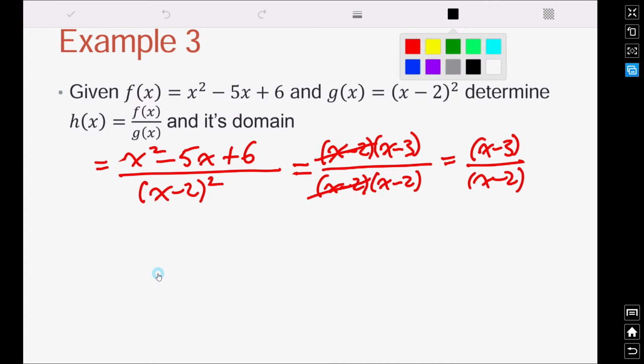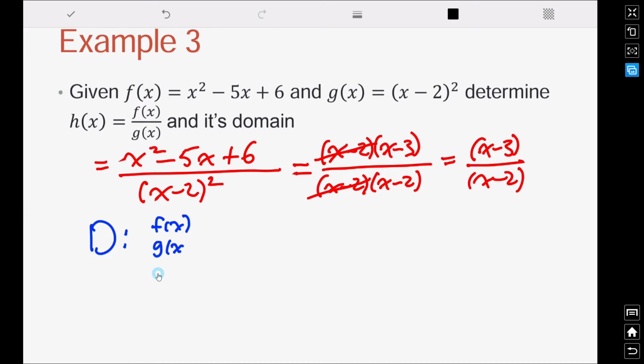Now, let's determine the domain. Again, we'll look at the domain of f of x and the domain of g of x. f of x is just a quadratic, and all quadratics have domains of all real numbers. g of x is also a quadratic, albeit in a slightly different form, so g of x will also have a domain of all real numbers.